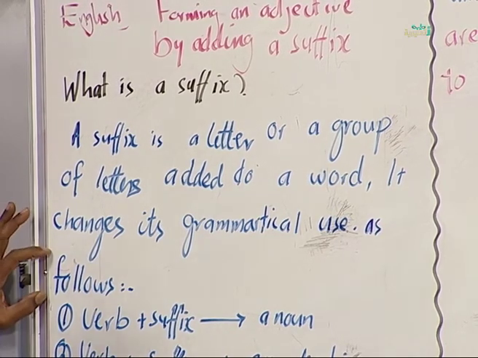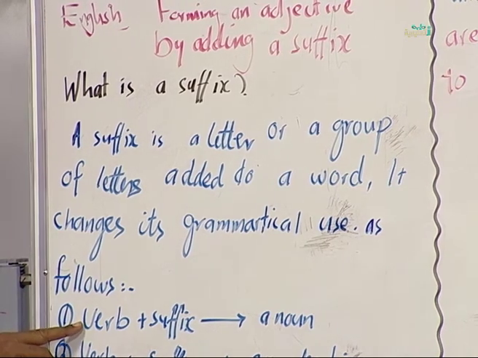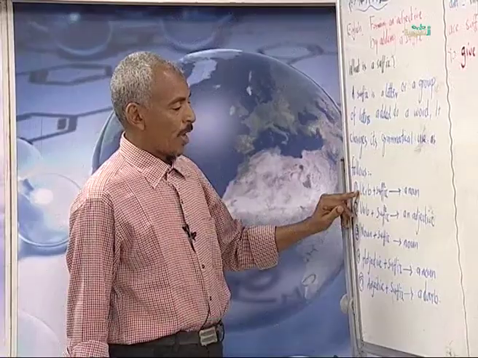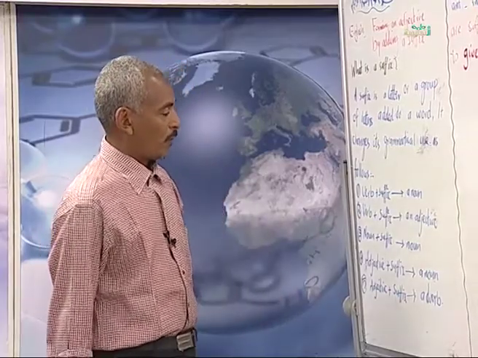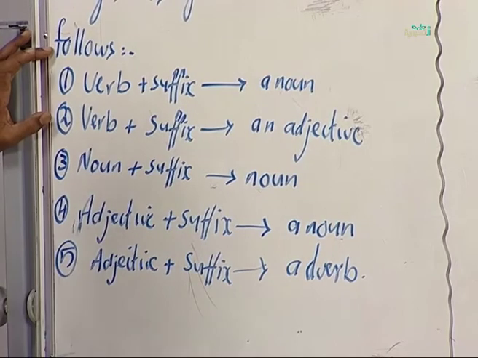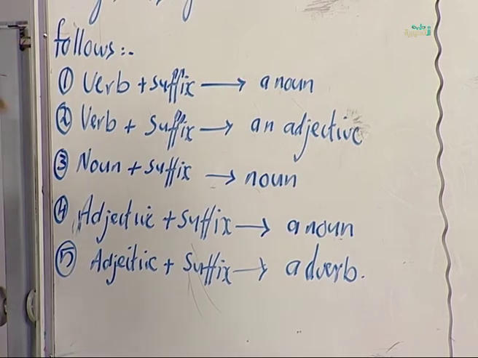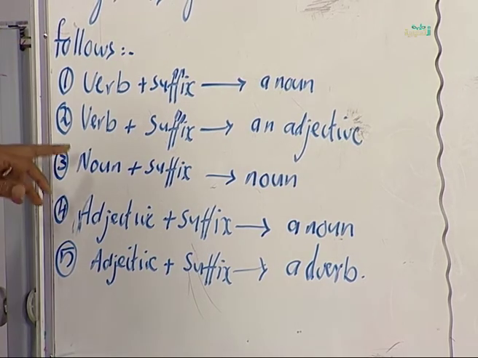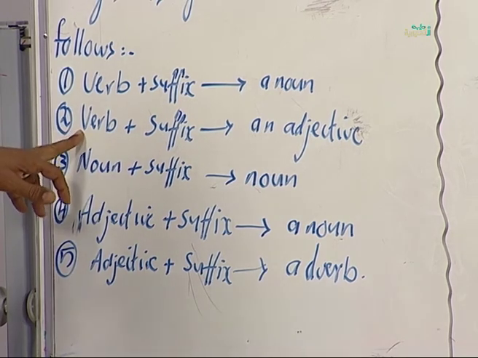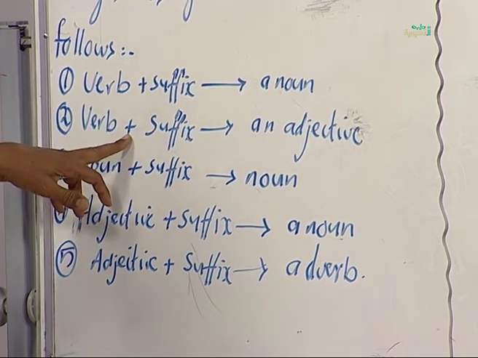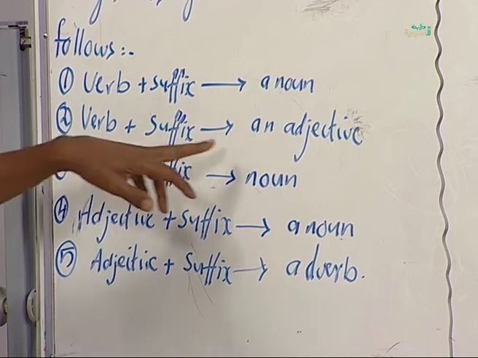As we are going to see here, if we have a verb and we add to it a suffix, we get a noun. This is one of the lessons that we are going to have in our coming days. Number 2, we have a verb and we add to it a suffix to give an adjective.